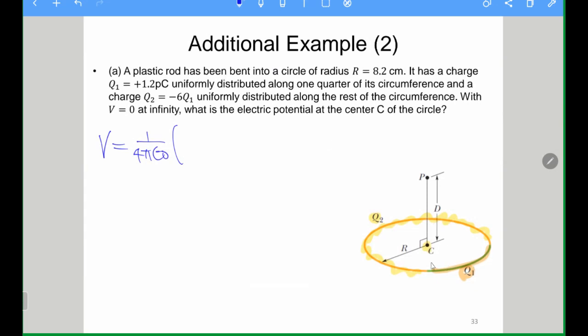So it is like Q1 over capital R, contributed by this part.